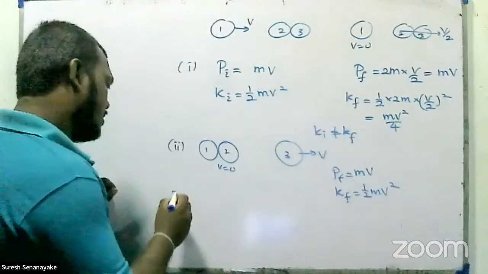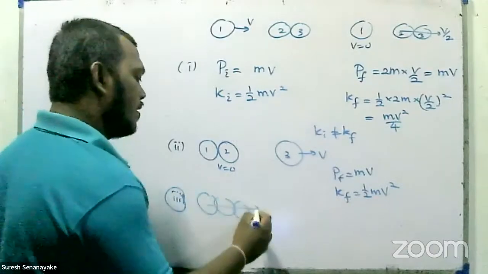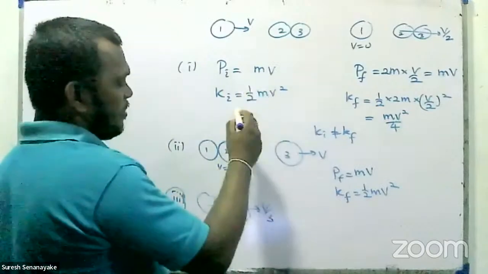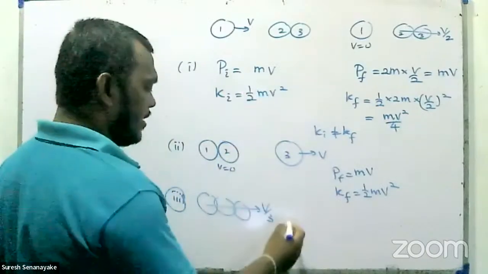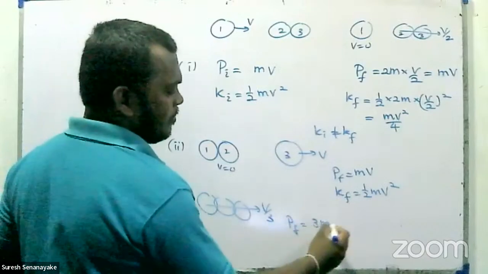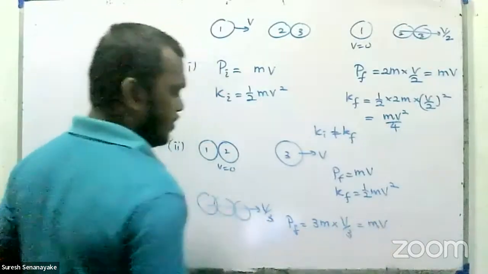And then the third case, where all are moving. The initial momentum is m v and the kinetic energy is half m v squared. Finally, the momentum is 3m times v over 3, so momentum is conserved.